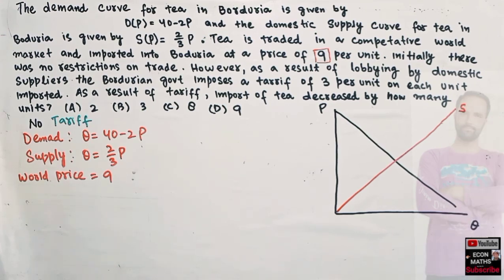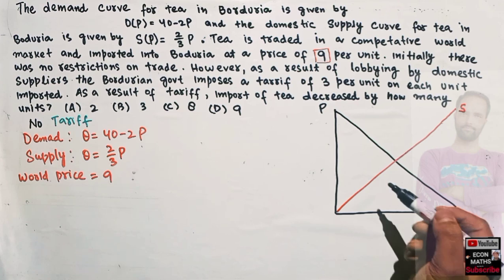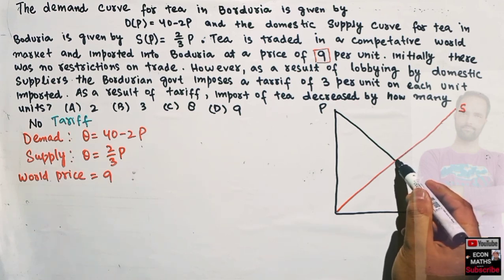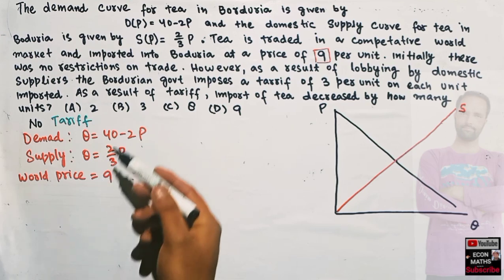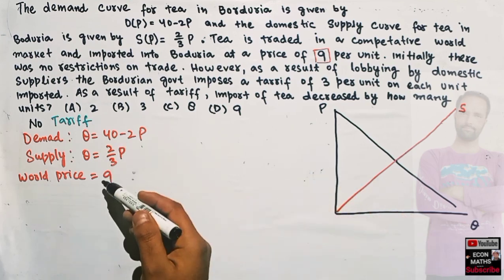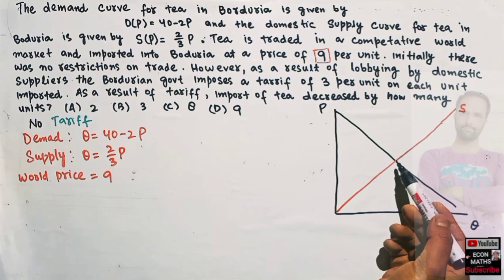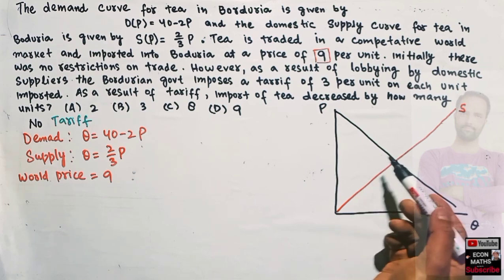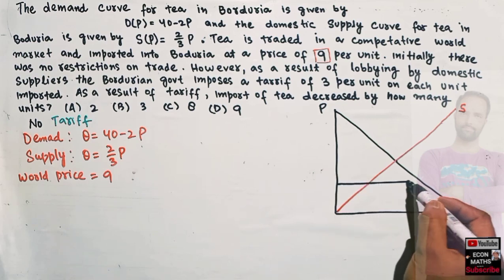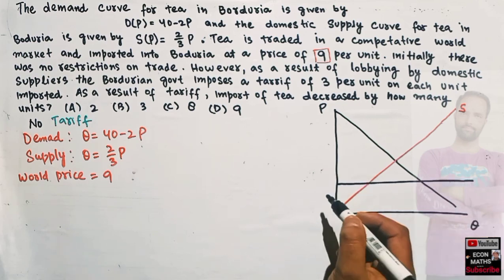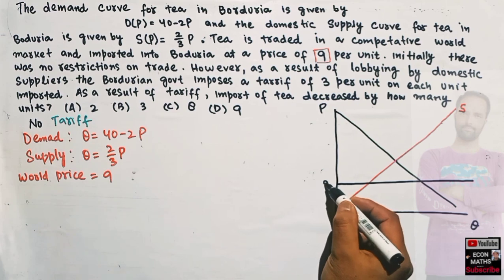We are being told that world price is 9. This is the competitive equilibrium, but the world price is lower than the competitive equilibrium. Let us denote it here like this. This is our world price of 9.